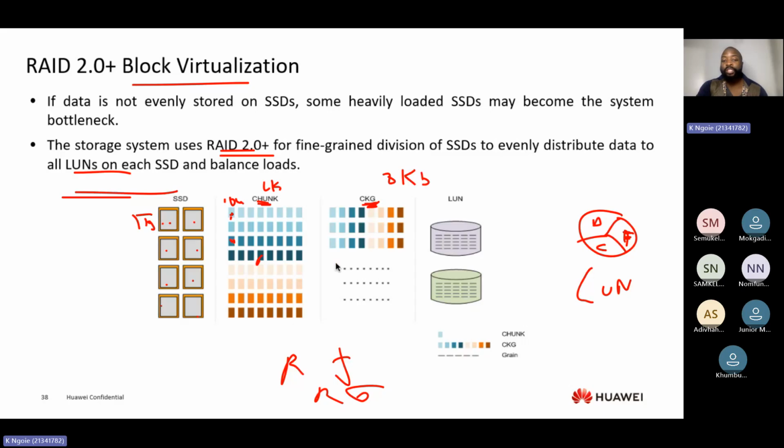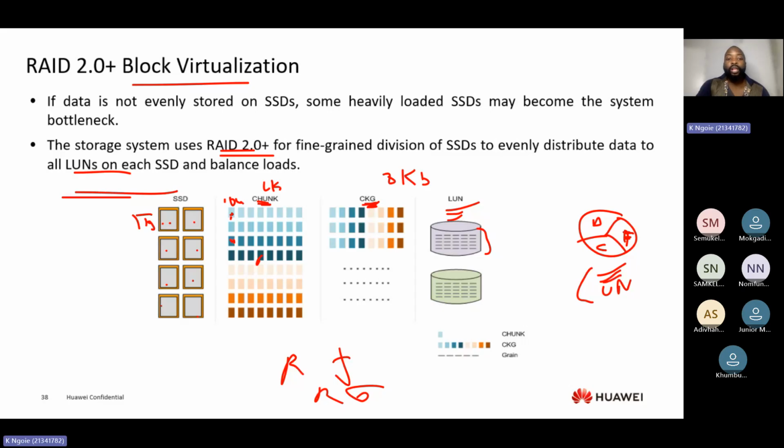And those smaller pieces are what we use to create the LUN, which is the logical unit number. These small pieces are the units that are going to be mapped to create the LUN, which will be the virtual disk for certain applications. So that's how your LUNs are created.